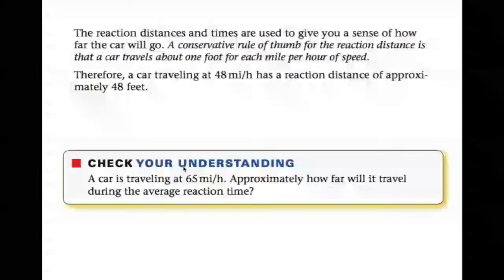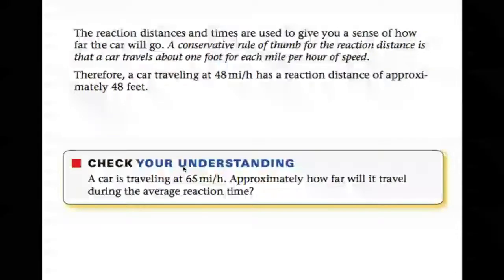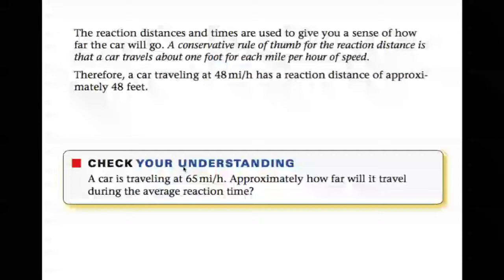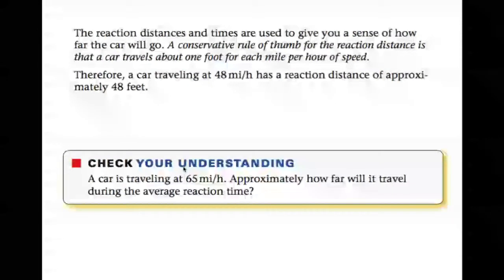There's lots of formulas for figuring out the reaction time, but what we have found is that pretty much if your car is traveling at 55 miles an hour, in the time it takes for an average person to go from gas pedal to brake pedal, it'll be about 55 feet your car will go. Now, in actuality, if you use the formula, which is too complicated, we're not going to do that here, it's more than that, 55.